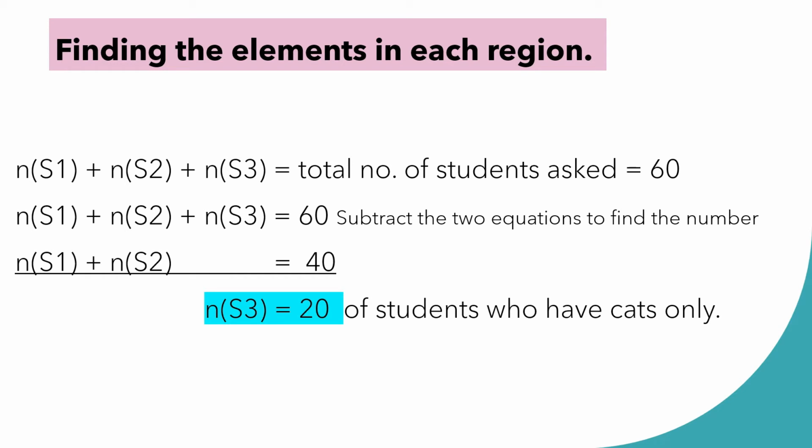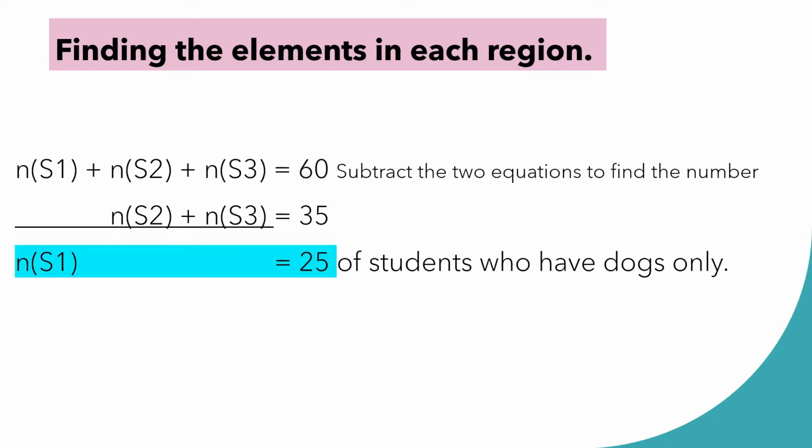If we are going to find the number of cats, we're going to subtract 60 by 40. So our S3, or the number of cats, is 20. 20 students have cats only. So for us to find the number of students who have dogs only, we should subtract 60.